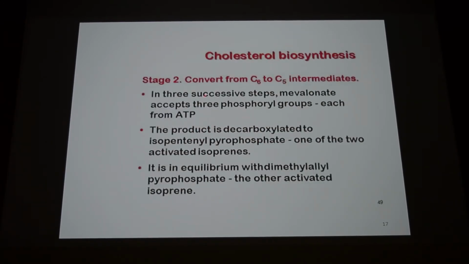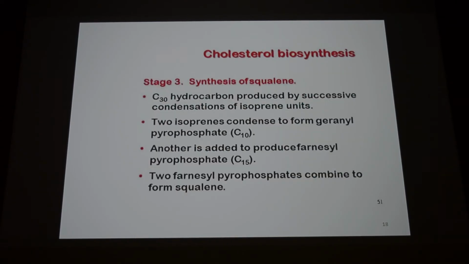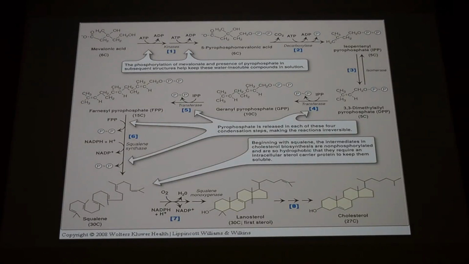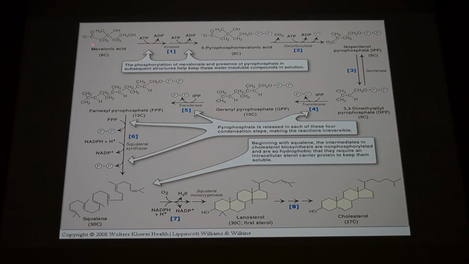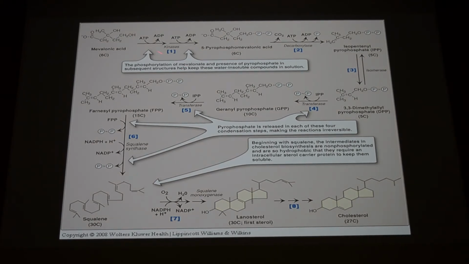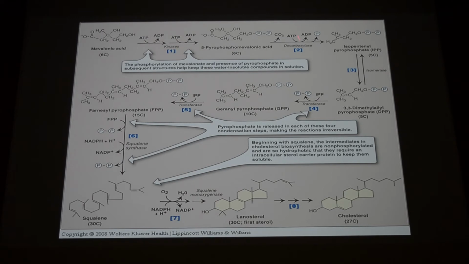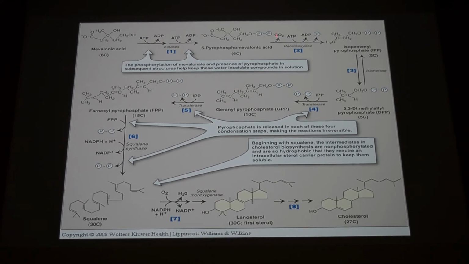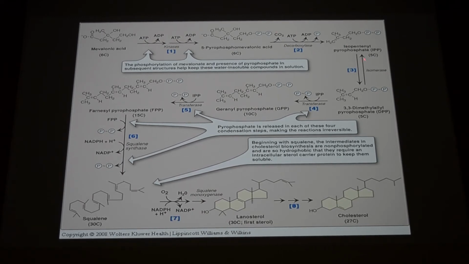So the stage 2, I will skip these slides because I can explain better here. So in stage 2, mevalonic acid is phosphorylated by 3 ATP and decarboxylated to form isopentenyl pyrophosphate.